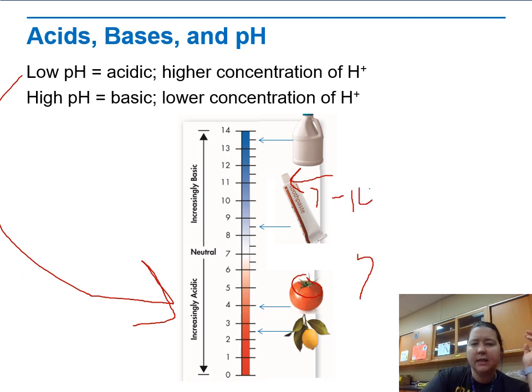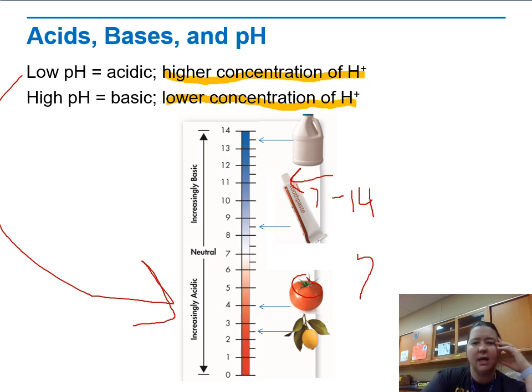There's a difference in ion concentration. Acidic solutions have an increase in hydrogen ions, many more hydrogen ions. And the high pH, the basic solutions, actually have a much lower concentration of H plus ions. So pH is the amount of hydrogen ions in solution, and whether something is acidic or basic depends on how many H plus ions there are.